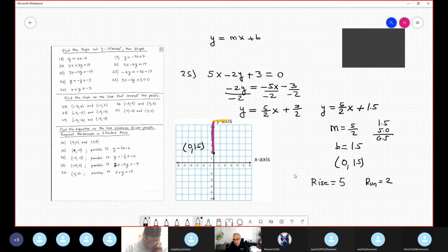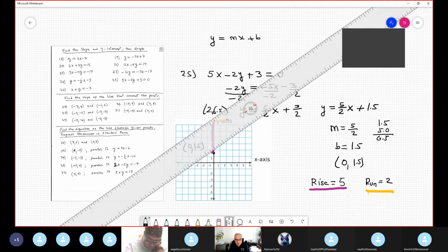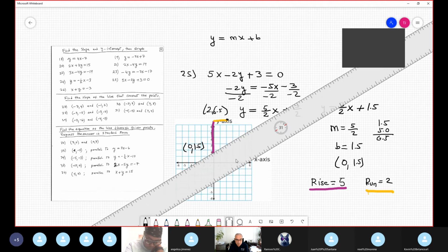This is run. And this point now is the point 2, 6.5. Okay, now connection. Connecting both points by the straight line. And that's it.